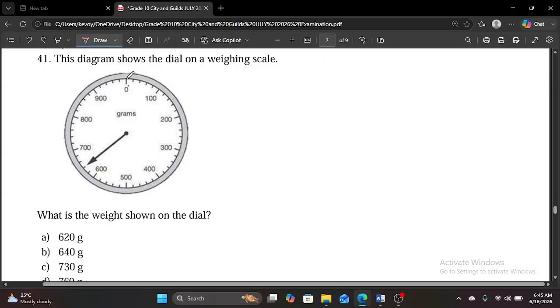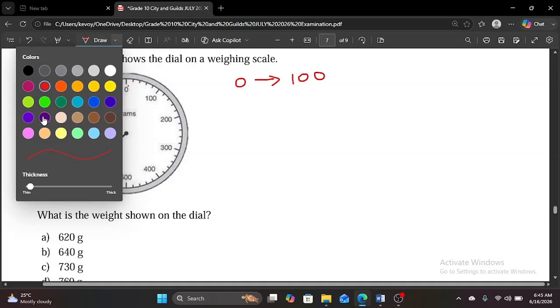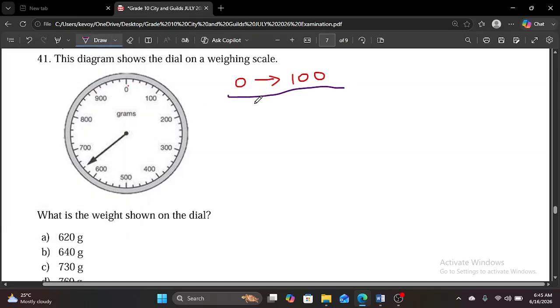To move from 0 to 100, we moved 5 times.